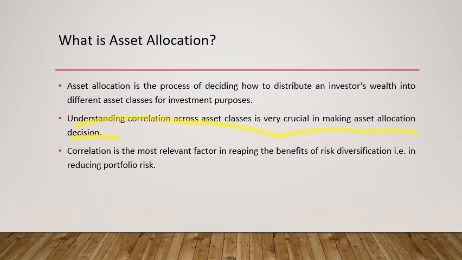For instance, what is the correlation between, say, equity and, say, a debt instrument, right? So what happens when the equity market goes up? How will the debt instruments behave at that time, right? So that correlation needs to be very clearly understood. So that's one important aspect of asset allocation.